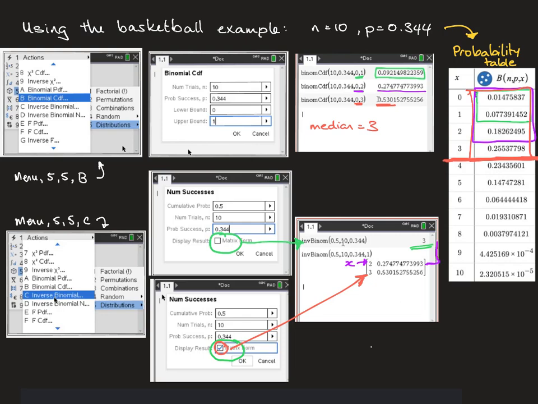So can you see that that matches with that, they are the same value there. And then it also tells you for the value of 3 what that cumulative probability was. And can you see that that is exactly the same as that? So the matrix one gives you a little bit more information, and if you use the matrix one, you'll need to figure out what the median value is yourself.